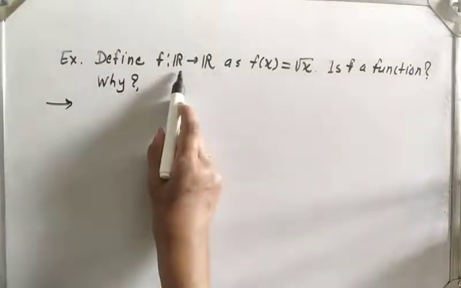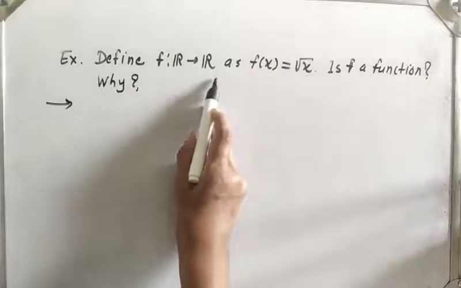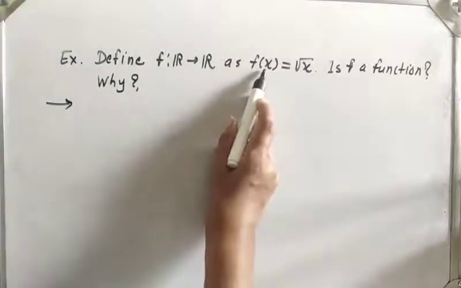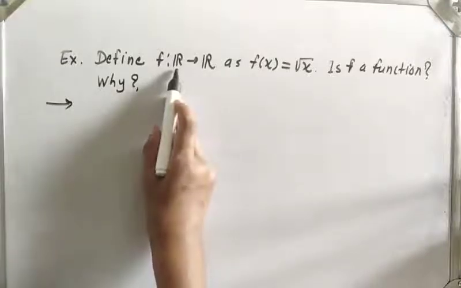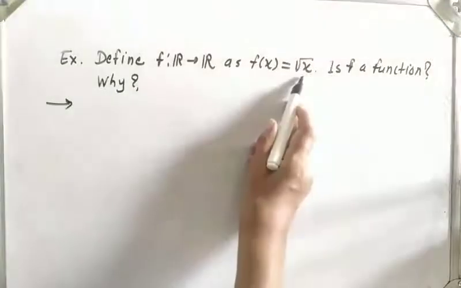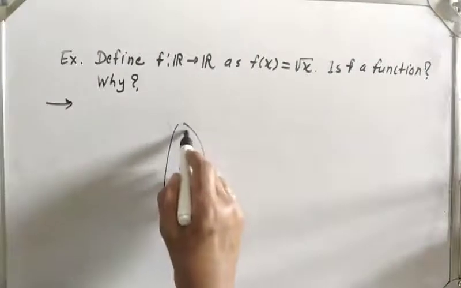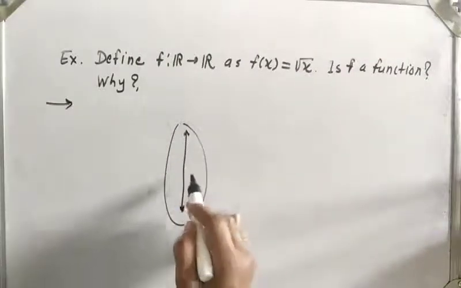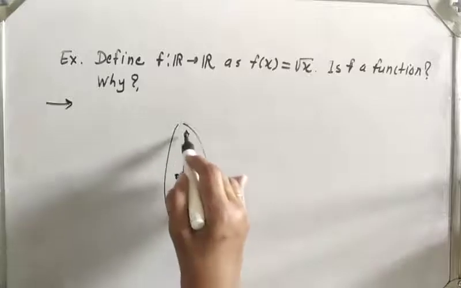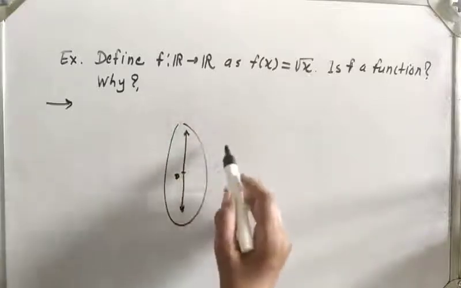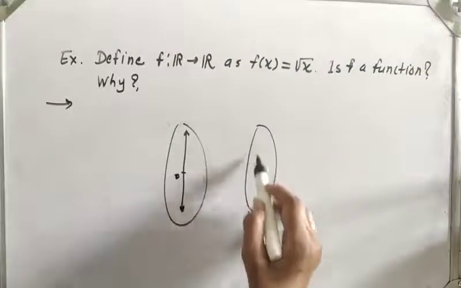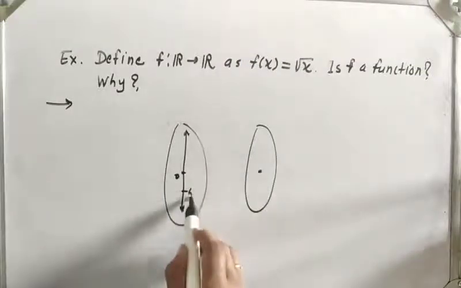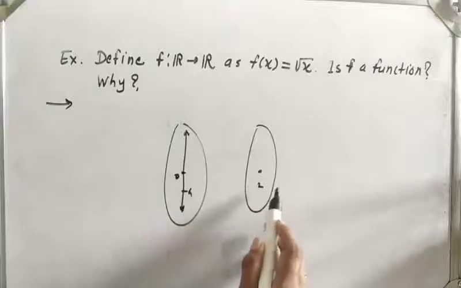Domain is the set of real numbers. Codomain is also the set of real numbers. Definition is f of x, so we can take any real number, and in codomain this is a set of real numbers. Okay, minus infinity to infinity, suppose it is 0 here. And in codomain we will take the square root: if 0 is there, square root of 0 is 0, if 4 is there, square root of 4 is 2, that is okay.